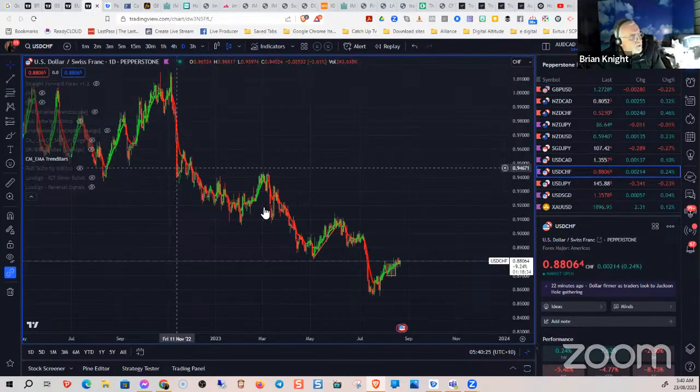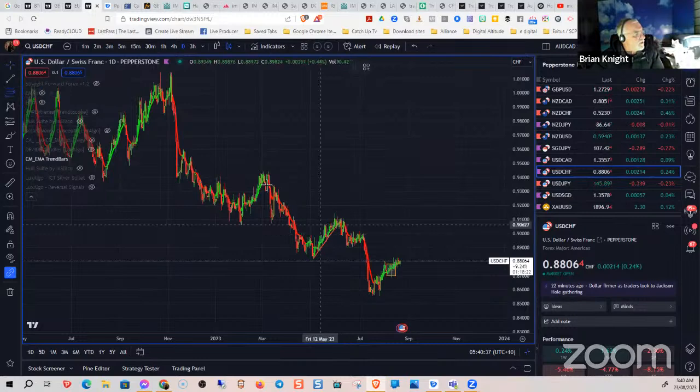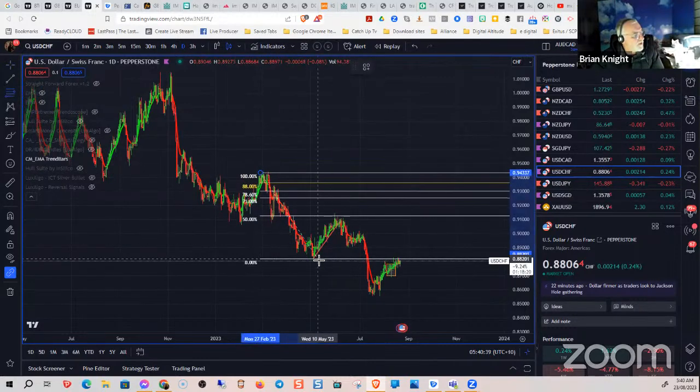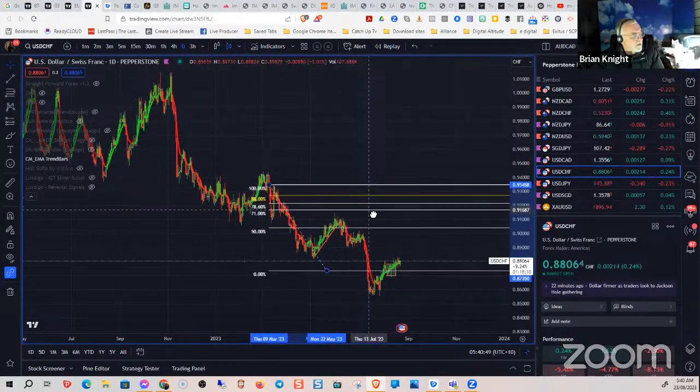So the drop and the pullbacks haven't broken the previous high. And if you look at them, let's do a fib on. So that sort of thing, if you look, that has only made a 50%. Yeah? Does that make sense?